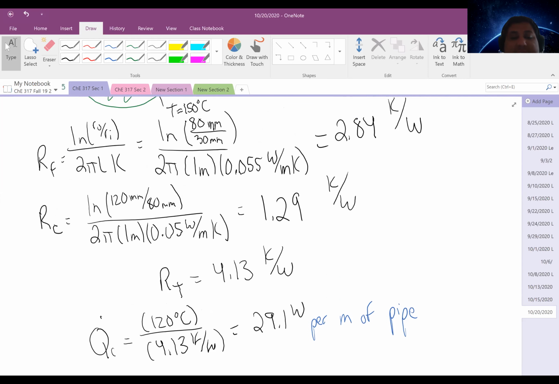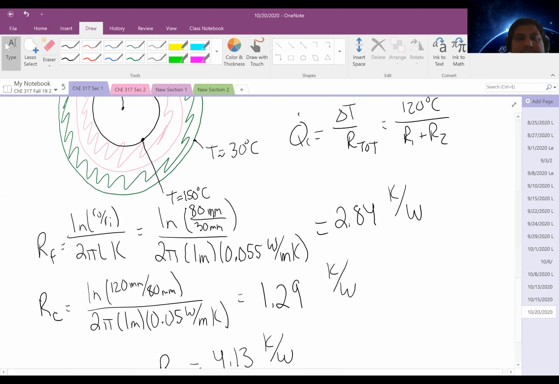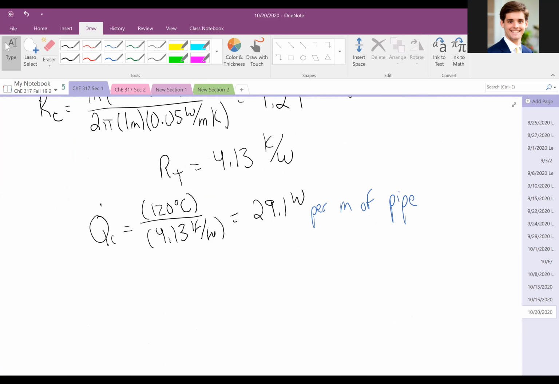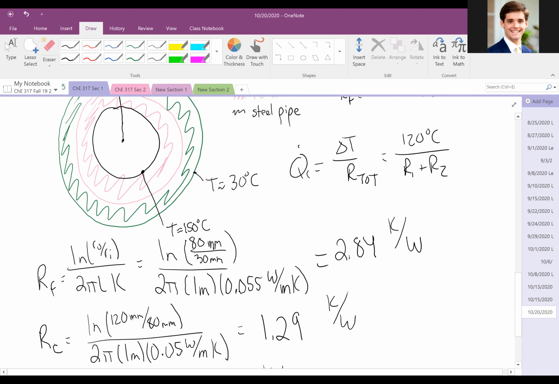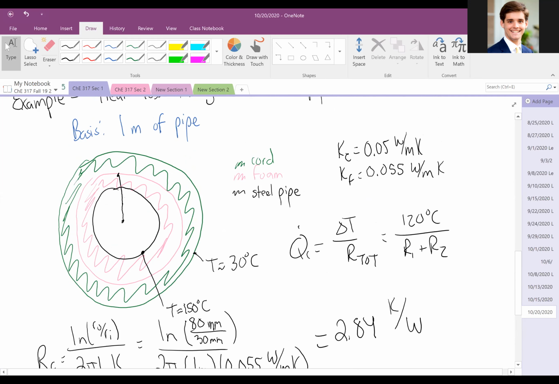Any questions on that example and illustration? Dr. Lopez, I do have one question. Go for it. So when we assumed a basis of 1 square meter of pipe, does that always translate to a length, or no, a basis of 1 meter of pipe, excuse me, I misread that.